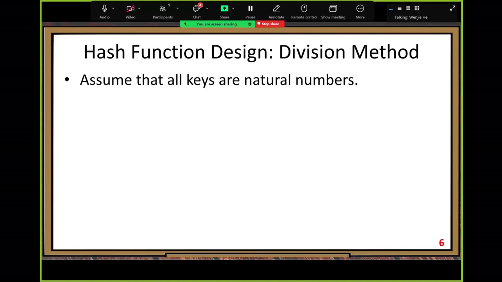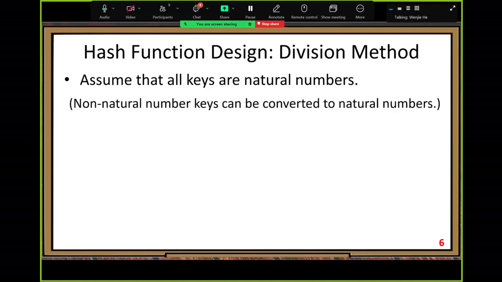If you get a string key, you can find a way to convert it to numerical numbers. So no problem, it's simple and straightforward. But here we just use natural numbers.